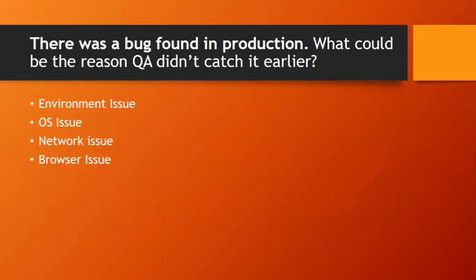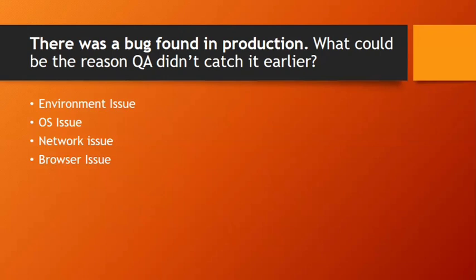Then, favorite question, favorite answer: browser issue. Let's say you are testing on Chrome, Firefox, and IE11, and the customer has IE10. There can be these issues, and there are also chances that some customer machines get random updates at night.